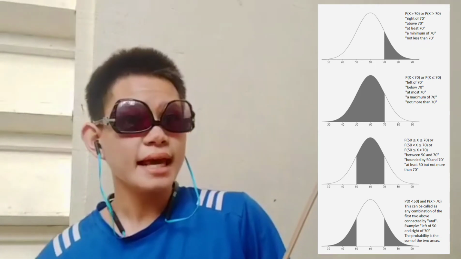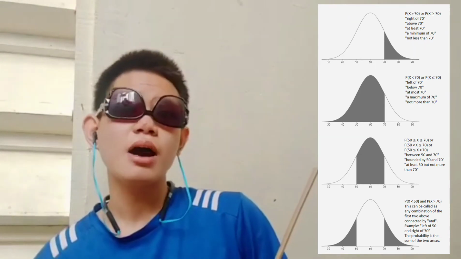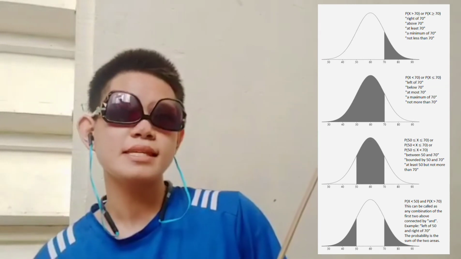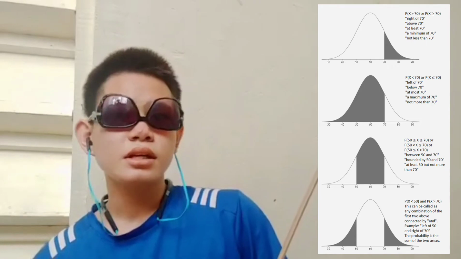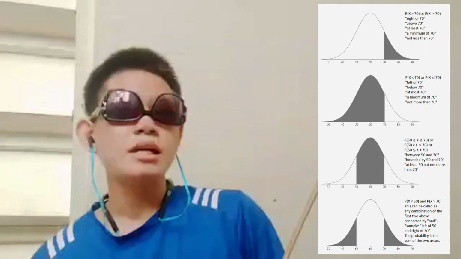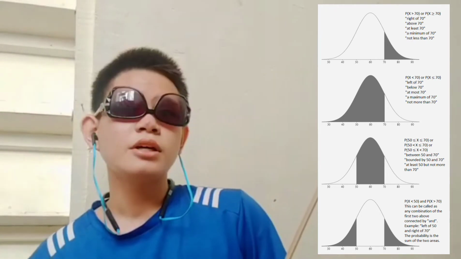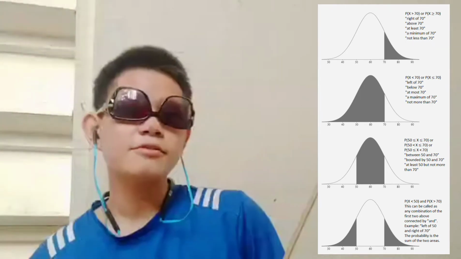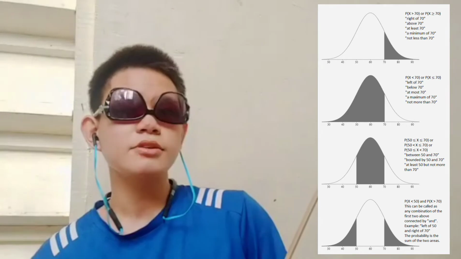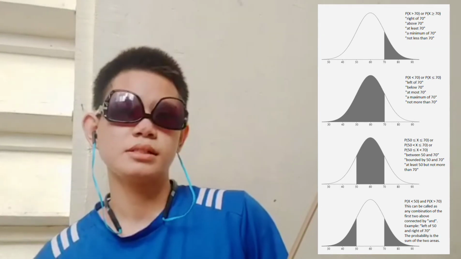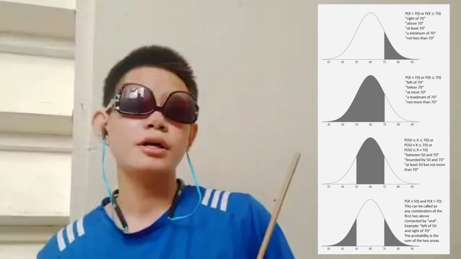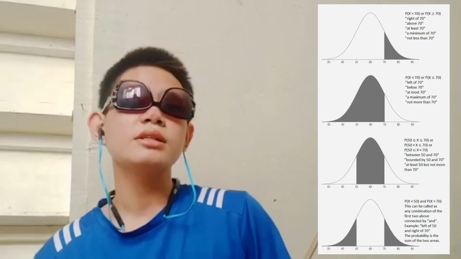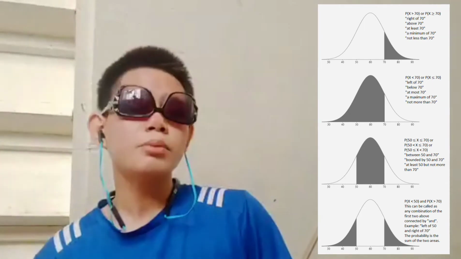Then we use x as the symbol of our random variable, as well as some phrases that denote the given shaded region. It is very helpful to be familiar with this for ease of solving word problems. And remember that the area of the shaded region denotes the probability.